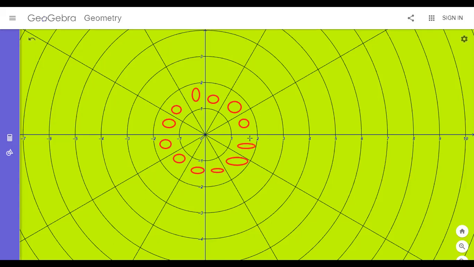So all the circles are divided into 12 sectors.